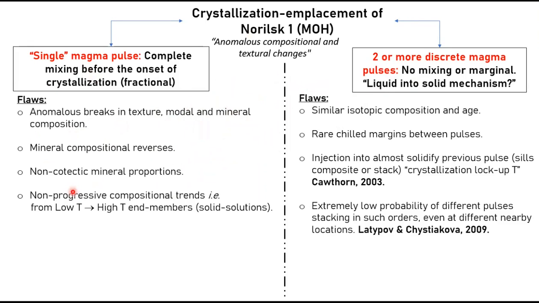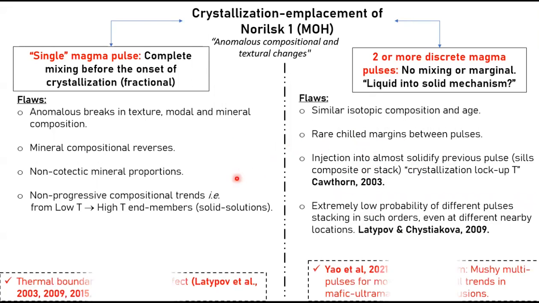I highlight, for example, in a single magma pulse, the mineral compositional reversals are something that needs to coincide with this hypothesis. Or in two or more discrete magma pulses, for example, there's a very low probability of different pulses stacking in such orders, which can be explained by fractional crystallization.